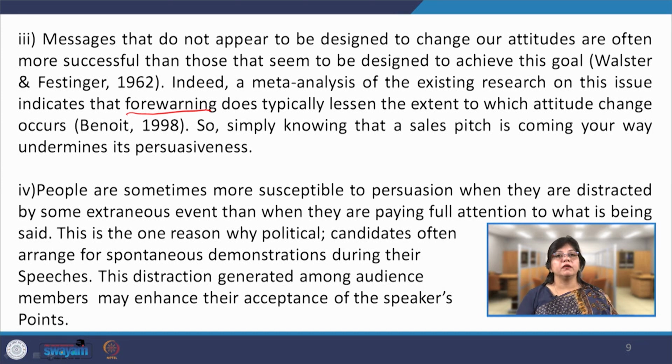This is one reason why political candidates often arrange spontaneous demonstrations during their speeches. This kind of distraction generated among audience members may enhance their acceptance of the speaker's points.